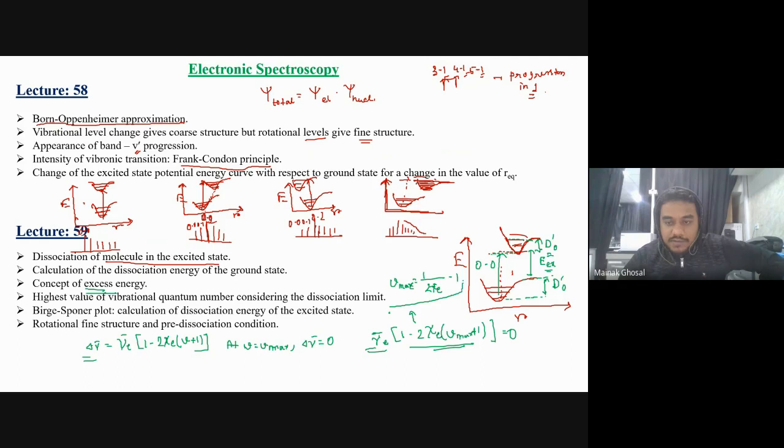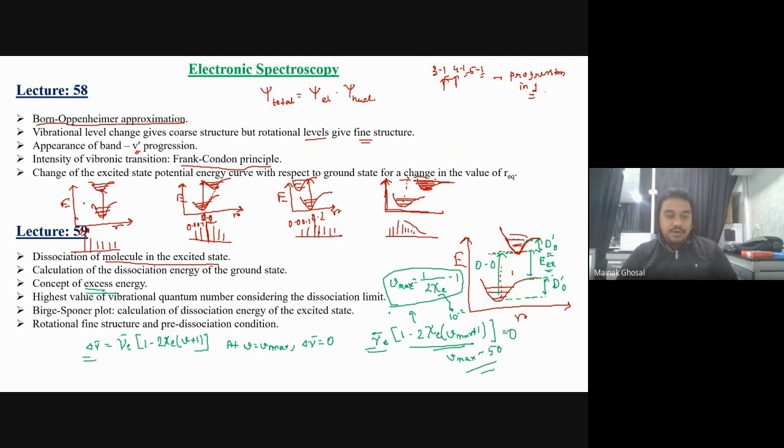This is the formula for v max. Now your chi e is of the order of 10 to the power minus 2, so v max has a value of nearly 50. The highest vibrational quantum number possible for this molecule is almost 50.